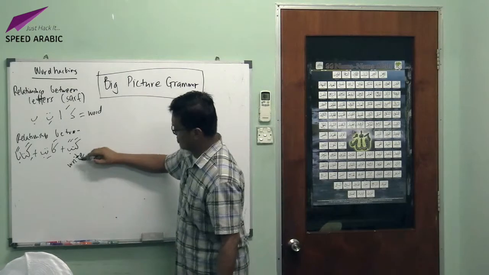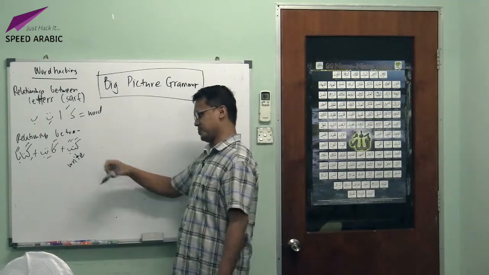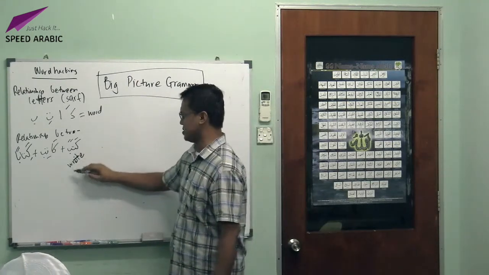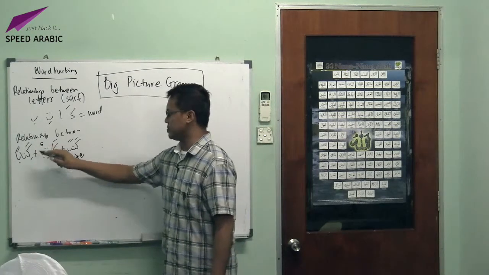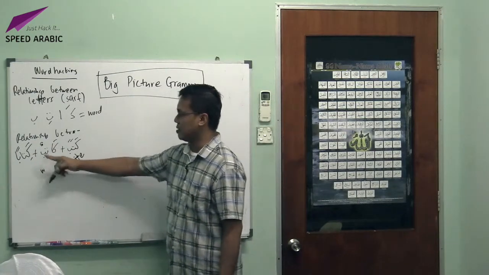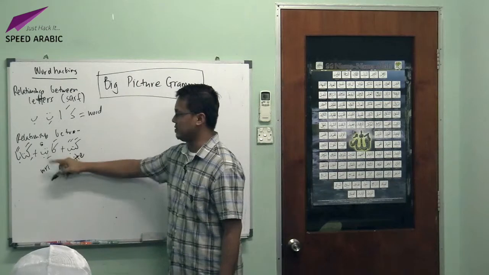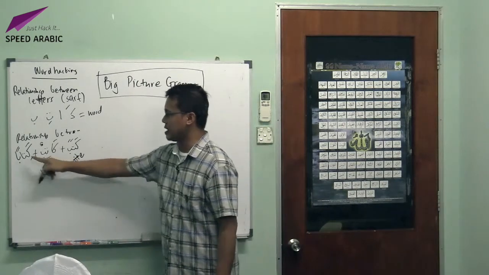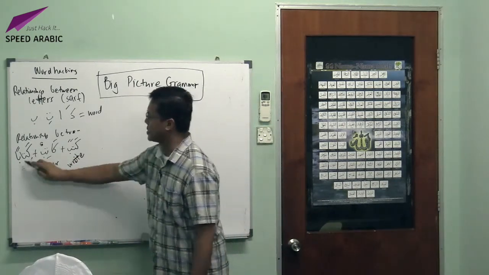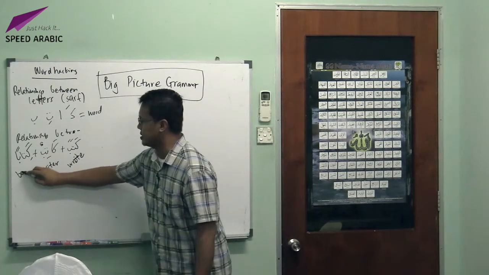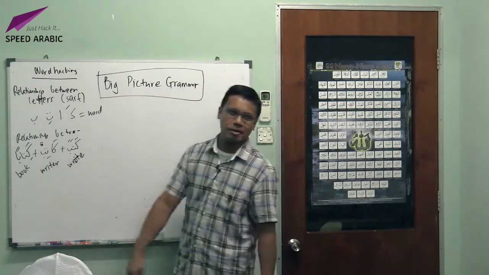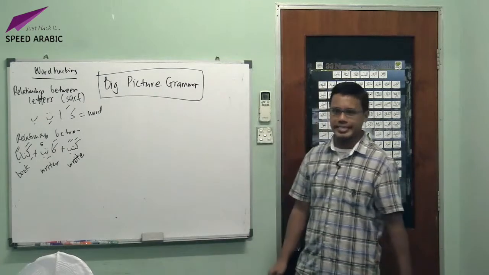Right, this one is tense. What tense is this? Past. Wrote. Katibun, writer. The alif is er. Kitaban, kitab, book. Social meaning is book, but formal meaning is writing.